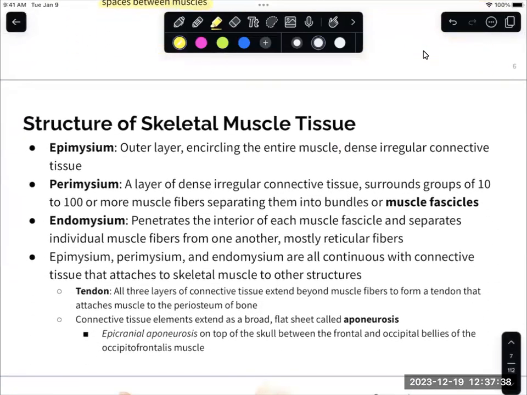So this connective tissue that wraps around muscles, we've got a lot of it. We're going to see some of these parts of words over and over again. So I'd mentioned it before, but epi is that outside.